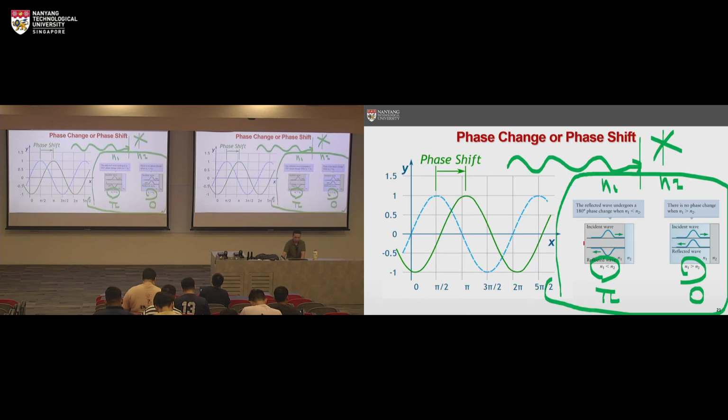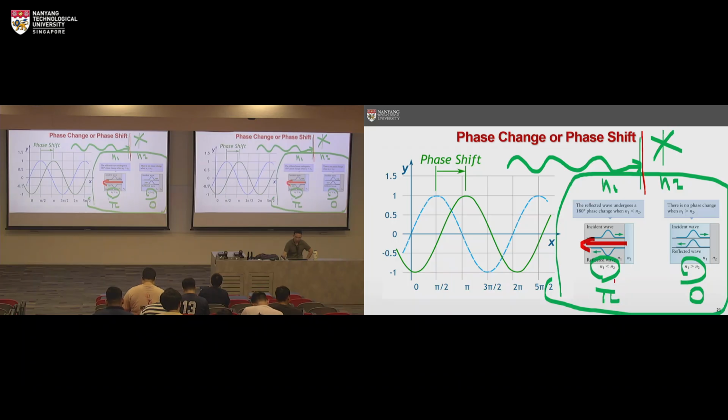Now that phase is established, imagine that light, when it travels, can bump into different materials. If the material is larger in terms of refractive index, you encounter something like an obstacle, so your phase will change.